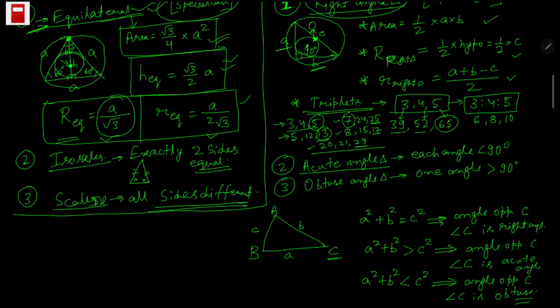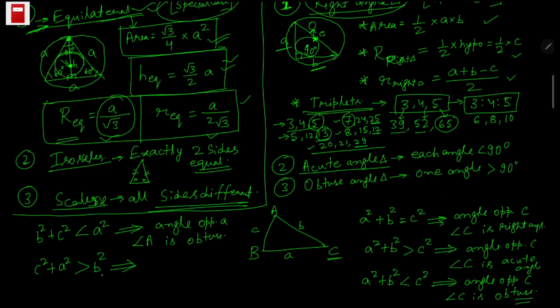The order is important here. Randomly, if I have b square plus c square less than a square, what does that mean? It means the angle opposite side A, which is angle A, would be obtuse. I hope this is clear. If I say c square plus a square is greater than b square, what does it mean?